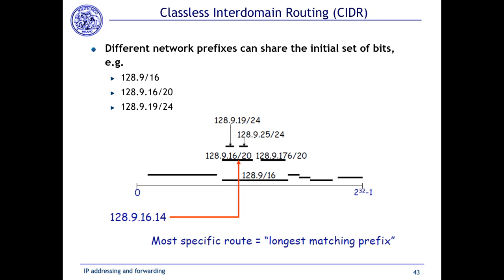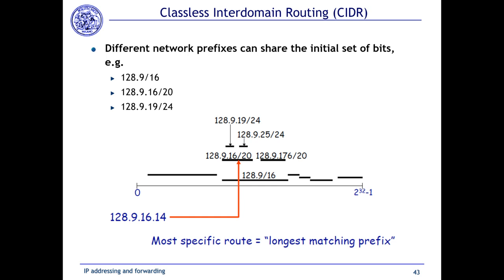Okay. So when you are doing IP address lookup, you have to understand what are the segments that contain the point representing the destination IP address. And in this case, you may have more than one segment containing the point. For instance, in this case, you have this segment here, the /16, and then also this segment, the /20.